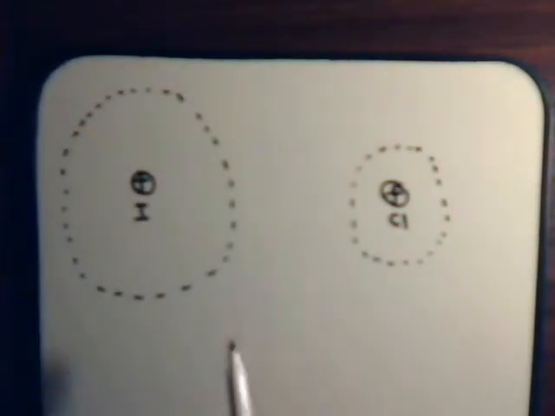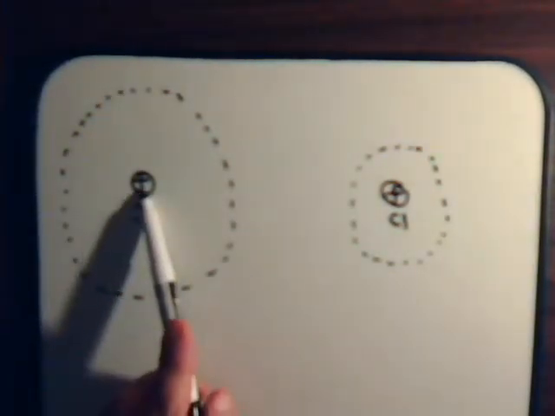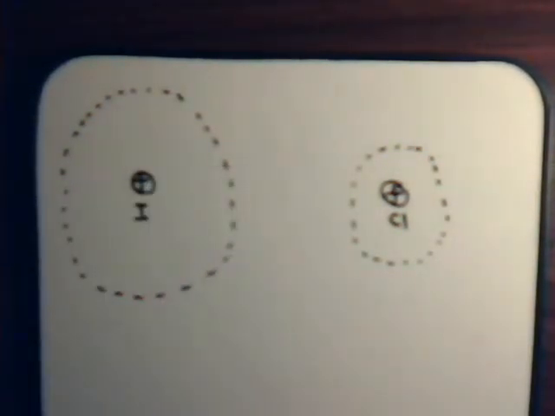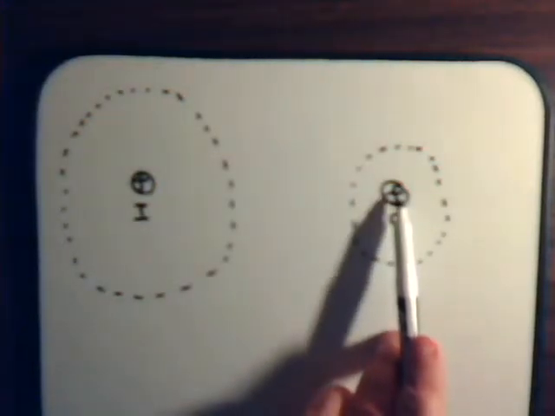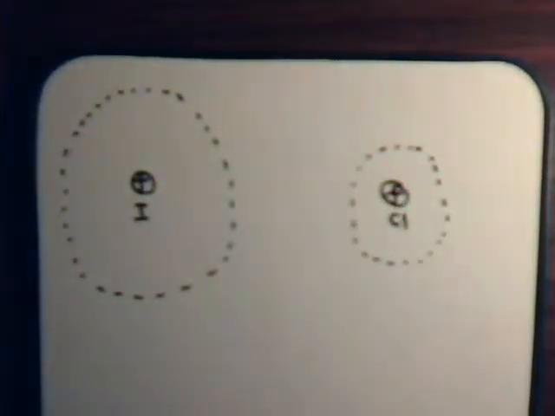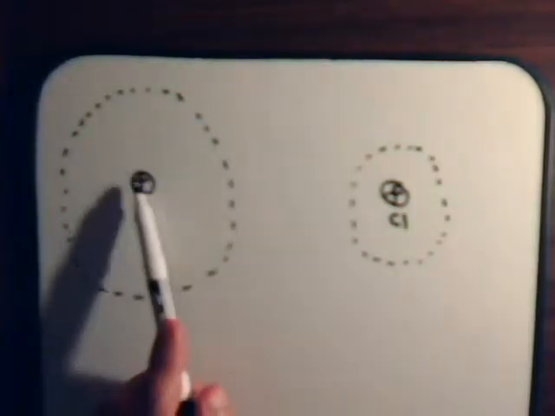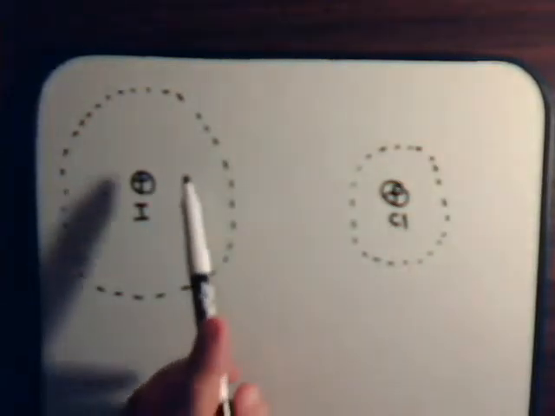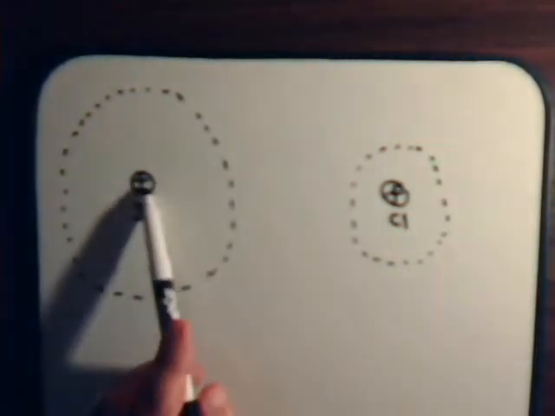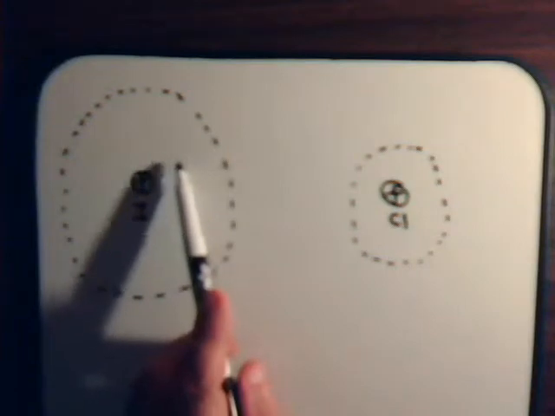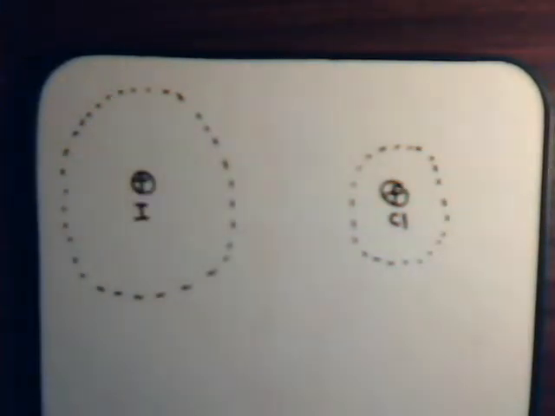So the attraction that the iodine nucleus has for its outer electrons is less than what chlorine would have for its outer electrons, for two reasons. These are further away from the nucleus, and in the case of iodine, there are other electron layers in between that screen out that positive charge.